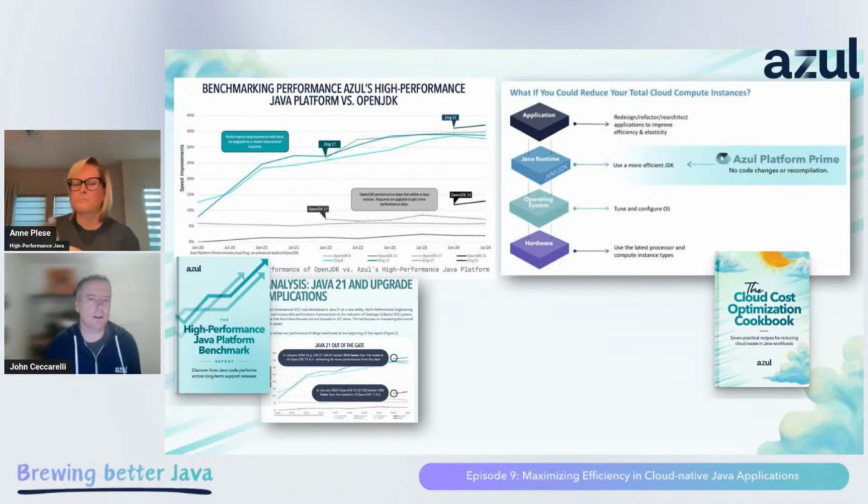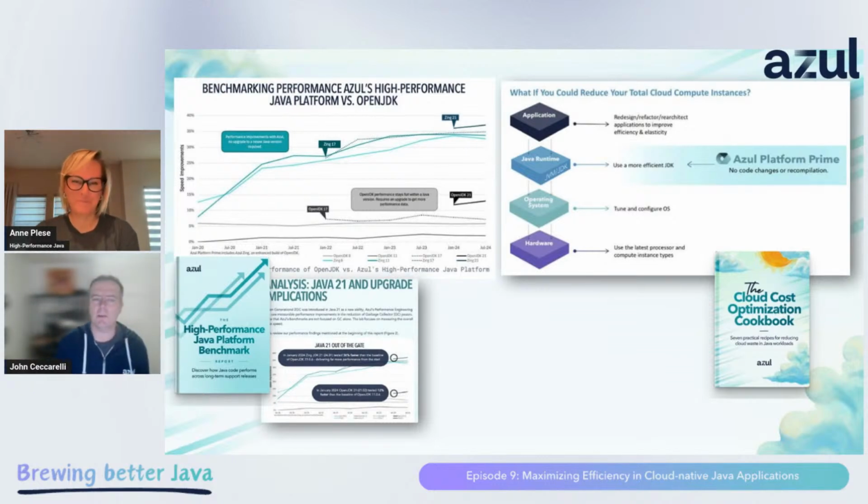Java 21 is faster than Java 17, and so forth, right? But you do have to upgrade to the new version of Java in order to get those benefits. And as we all know, 17 to 21 is a lot less stressful, but like 8 to 17, that's a major effort, right? That's a major effort.